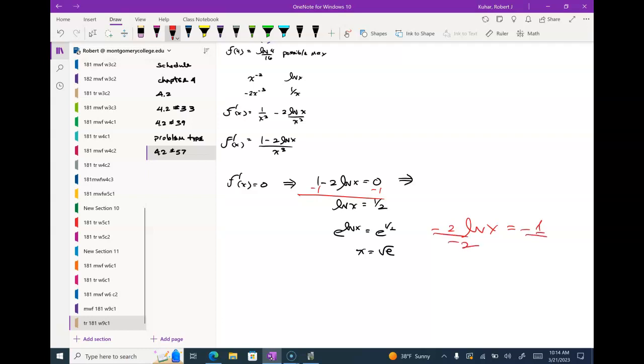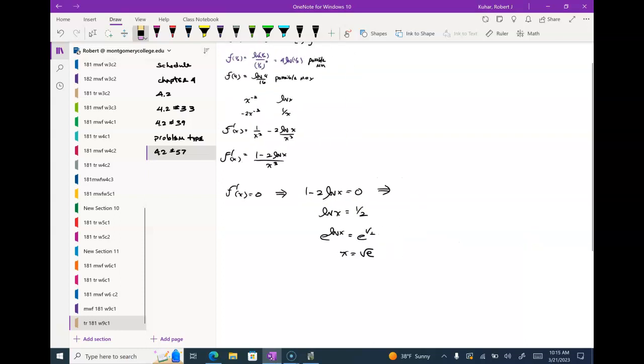Divide by -2, right? It's okay. Others just asked the same thing. It's okay. So square root of e does belong to the interval, 1/2 to 4, right? Definitely square root of e is square root of 2.7 something.